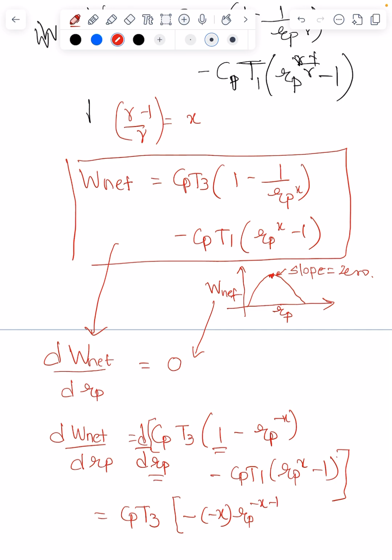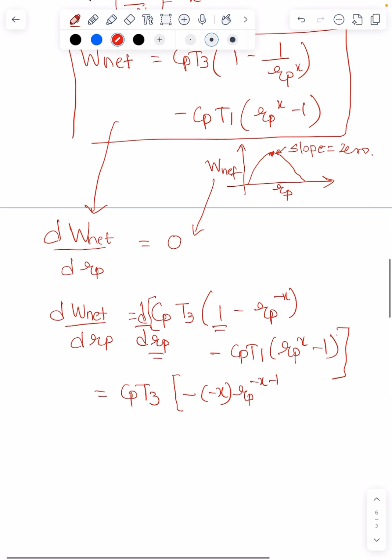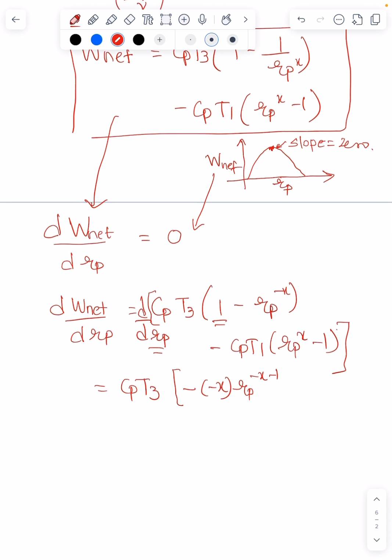And differentiation of the other term is Cp T1, and differentiation of this is x into Rp raised to x minus 1, and differentiation of the constant is 0.